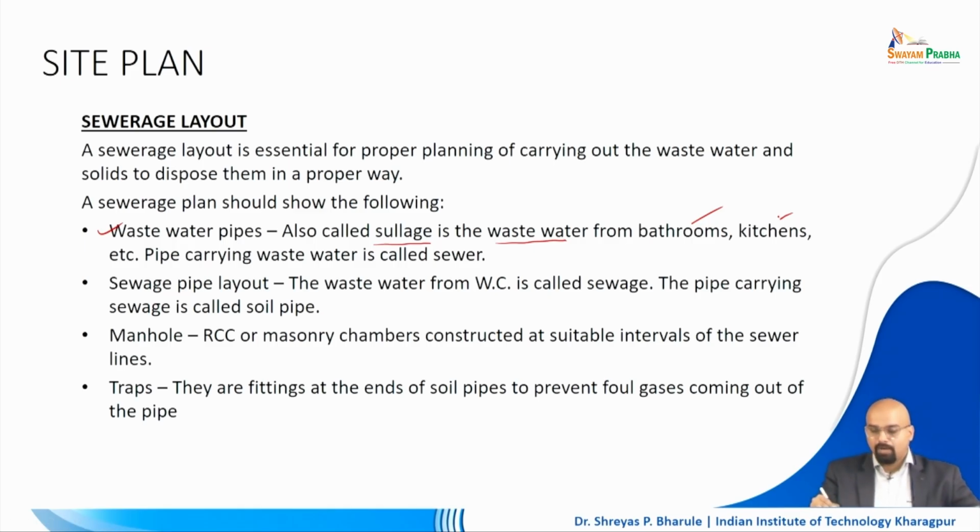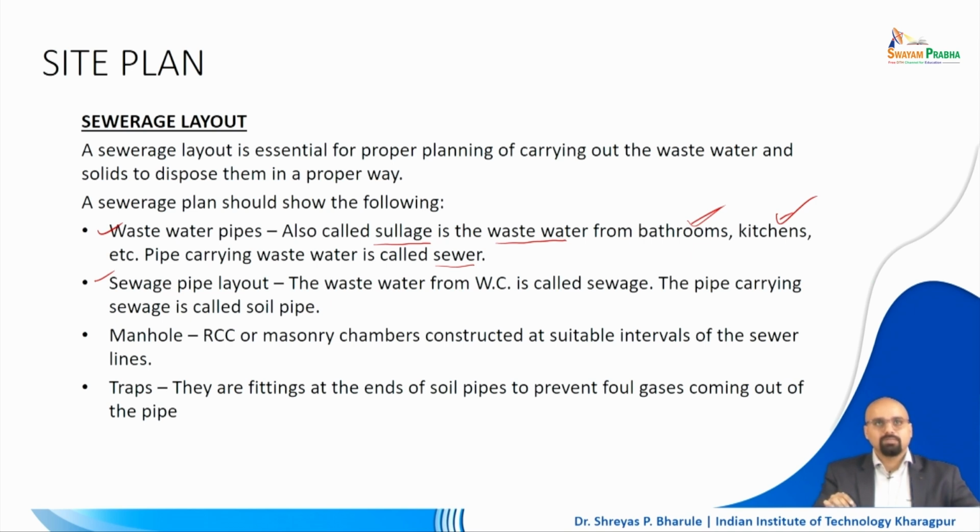If you have an outside washing area, or a wet balcony where the washing machine water is drained out, all of that is going to be connected to the sewer, right. So that is to be carried out in a piped, encased way and drained out in the sewer line, right. So next is your sewage pipe layout.